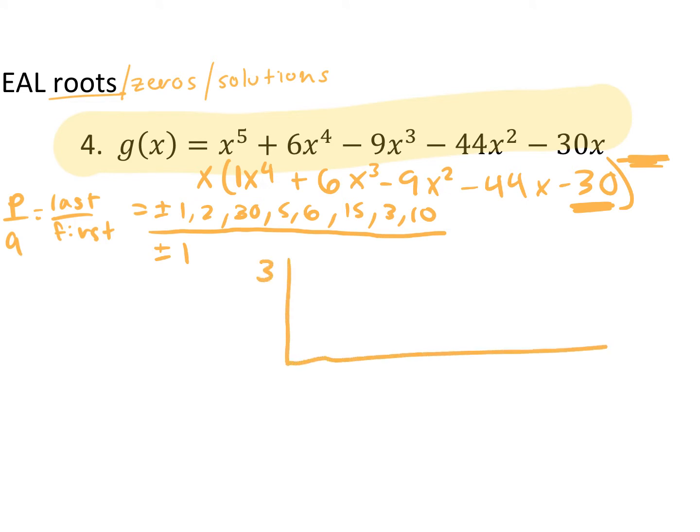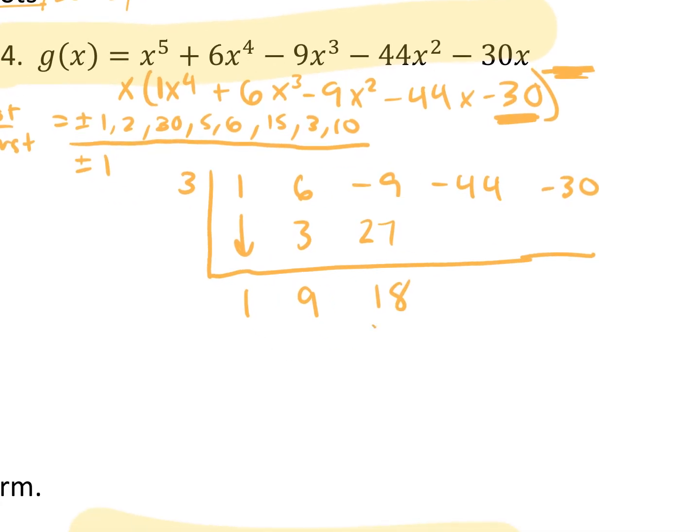So what can I try first? So let's try 3. So inside the box, I have 1, 6, -9, -44, and -30. Drop down the 1, multiply, add, multiply, add, multiply. 18 times 3 would be 54.